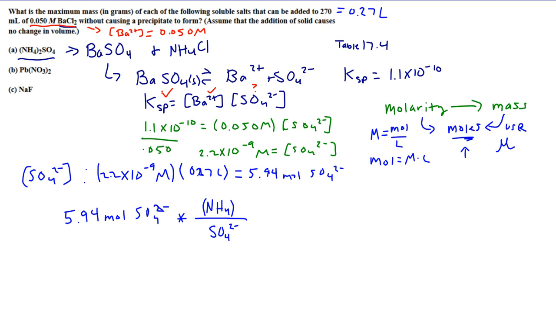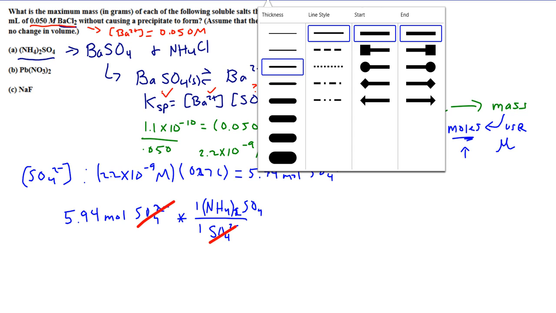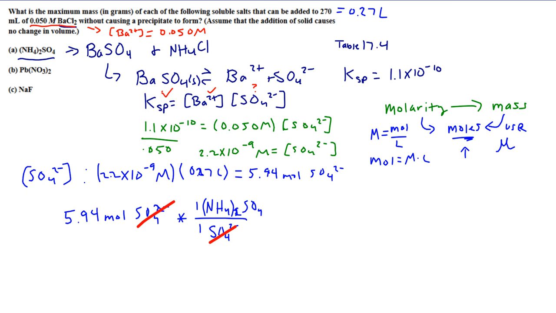Now, in every ammonium sulfate, there is only one sulfate, so this is 1:1. So it's going to look like it didn't really change much of anything. That's fine. Sulfate's canceled. And so we're left with 5.94 moles of ammonium sulfate.